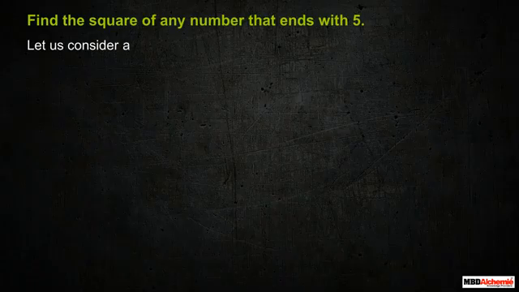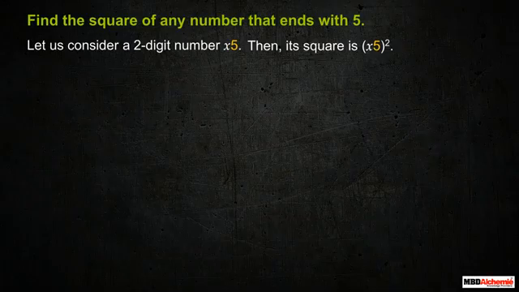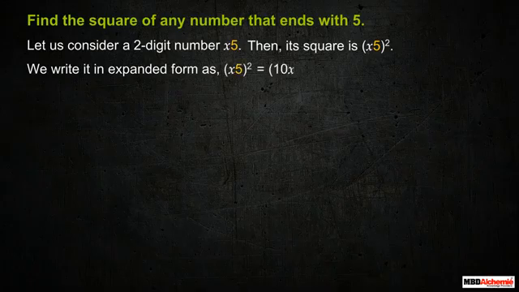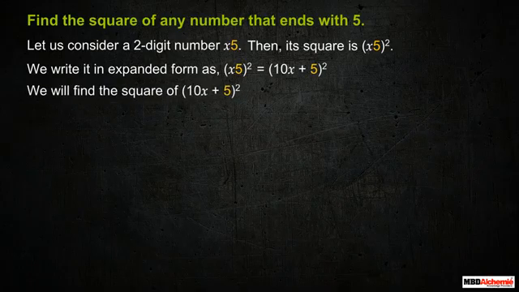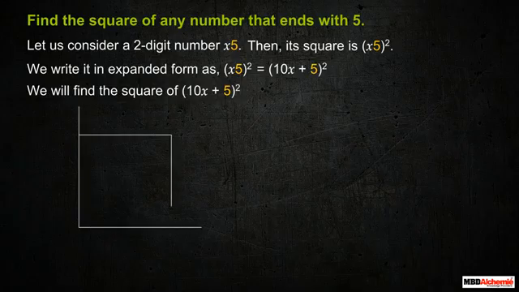Let us consider a 2-digit number that ends with 5, that is, x5. We find its square as the square of x5. We write the expanded form of x5 as (10x + 5) squared. We will find the square of 10x + 5 by drawing a square of length 5 + 10x.